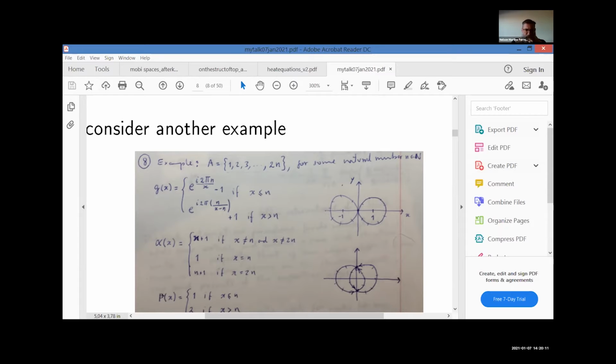For instance, this projection map says that if I project all these points on the left circle to 1 and the points on the right circle to 2, it tells me that in the second level of abstraction, let us say, I can think of all this information as just one point and all this information as just another point.